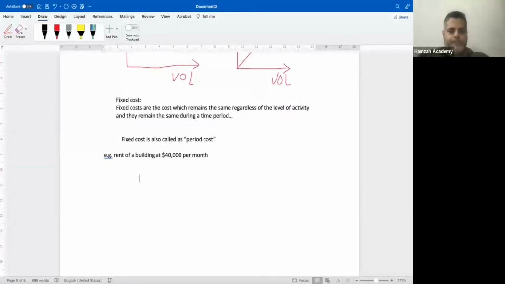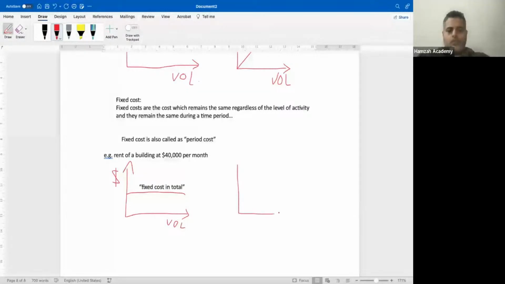So it means we have this volume, we have the amount over here, and we have this straight line. This is fixed cost in total, right?